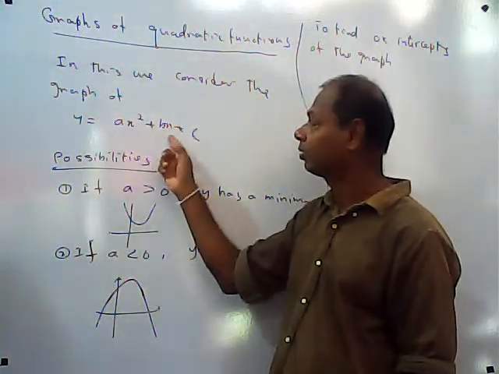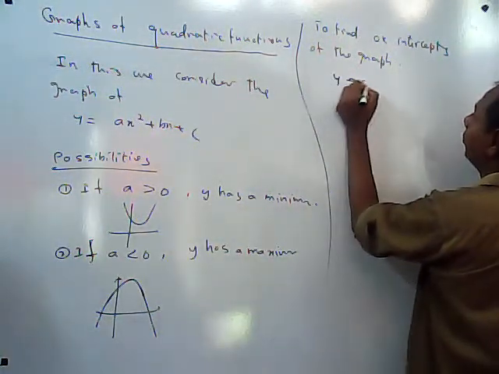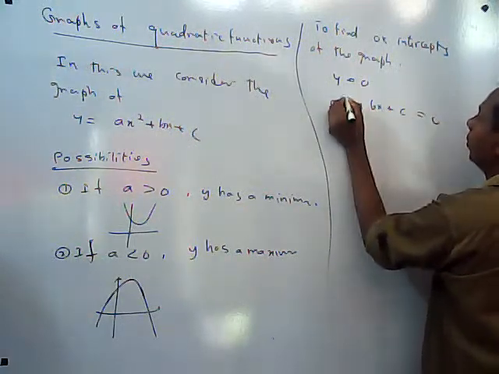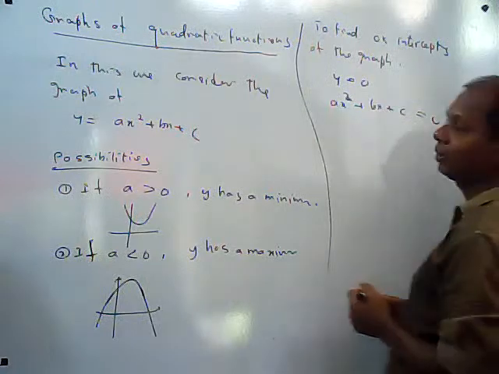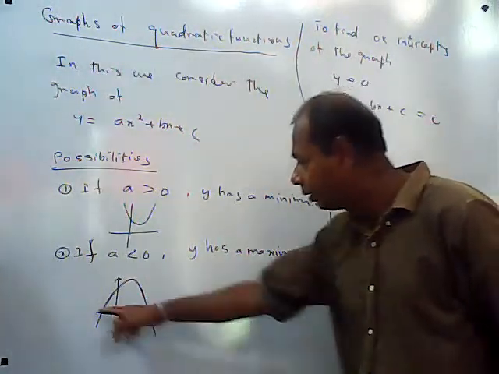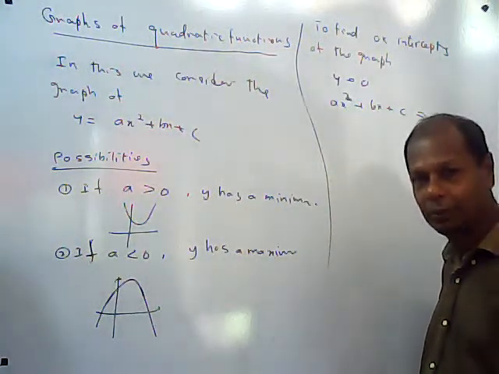So that is x square plus bx plus c equals 0. So you solve this quadratic equation, you will get the values where the curve meets x-axis.